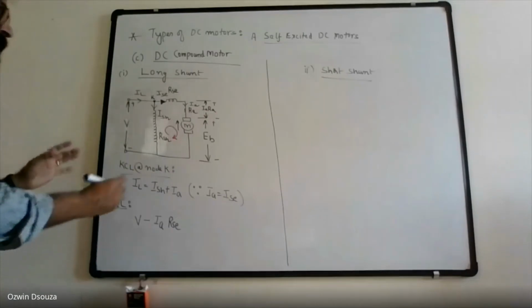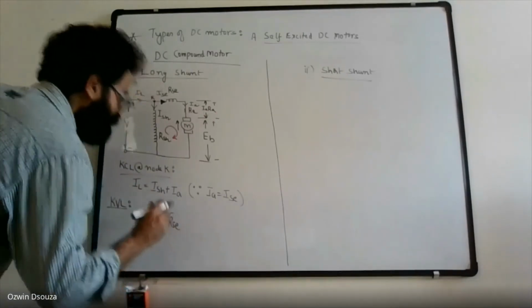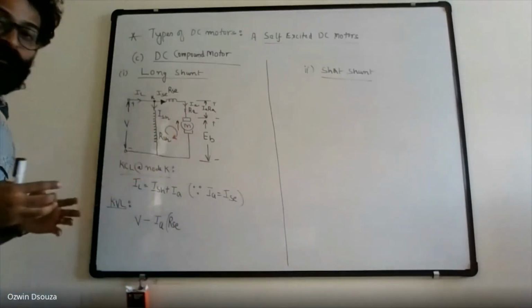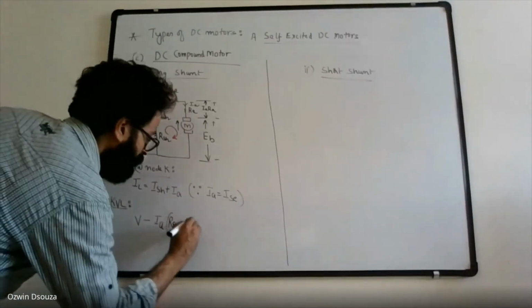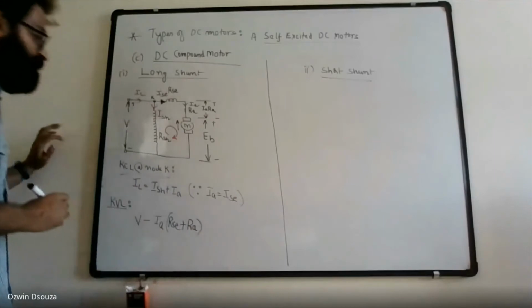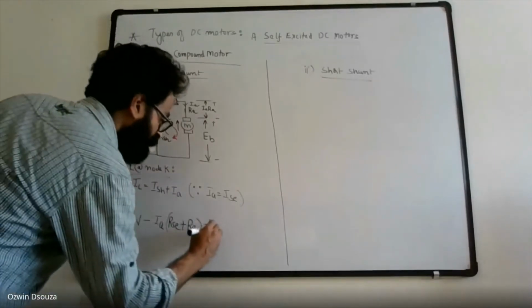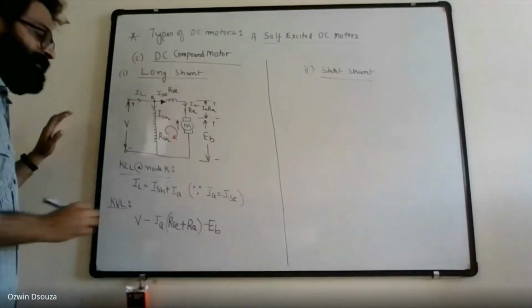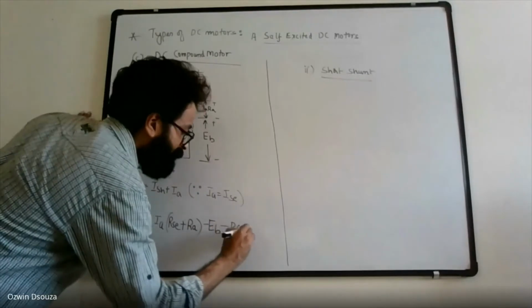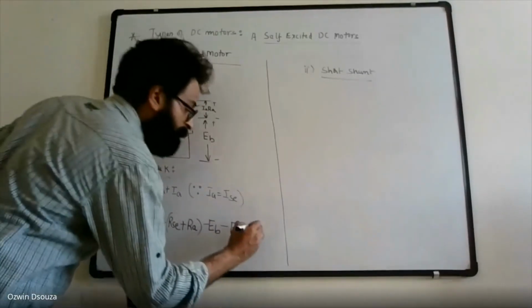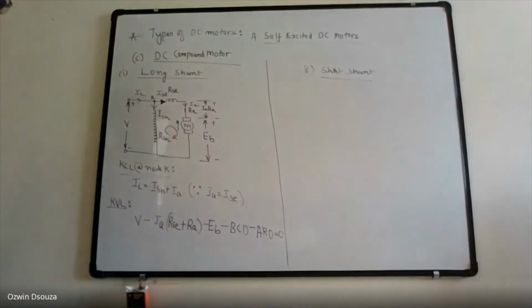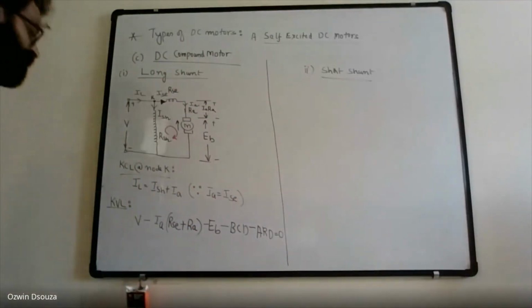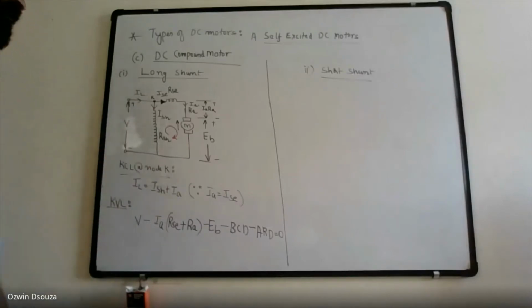So I will club the two resistances, because RSC and RA are nothing but two resistances connected in series. So RSC plus RA. Done. Then the back EMF minus CB, brush contact drop if at all it has any, and armature reaction drop if it is mentioned. Okay, so that's your KVL relation for long shunt.